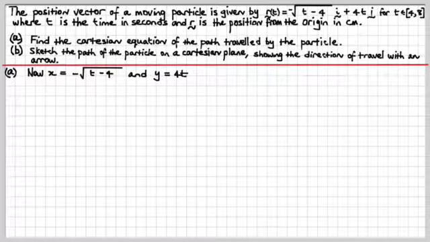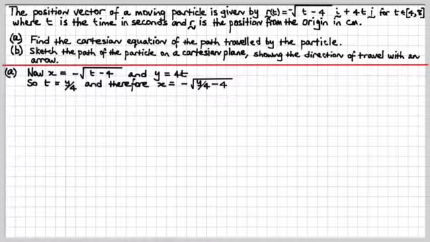The simplest way is to use this simpler equation and express t in terms of y, and then put that t into the x equation, and we have the connection without the t in there.